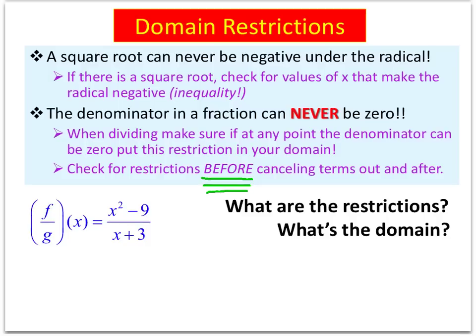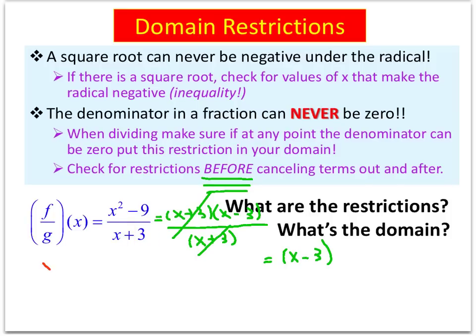So for f divided by g of x, which is the problem we just looked at, when we factored, the x plus 3 went away. But remember, you must look at restrictions before you divide things out. So before we divide out, what will make the bottom equal to 0 here? Well, let's set it equal to 0. And it looks like x equal to negative 3 will make the denominator 0.